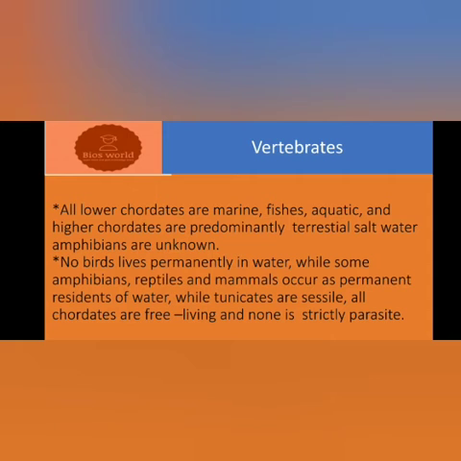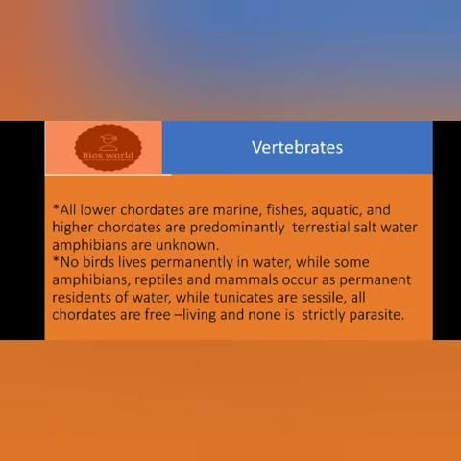While tunicates are sessile, all chordates are free living. None is strictly a parasite. Some living organisms adapt themselves to both types of environmental conditions that occur in nature. For example, the frog comes under the class Amphibia.